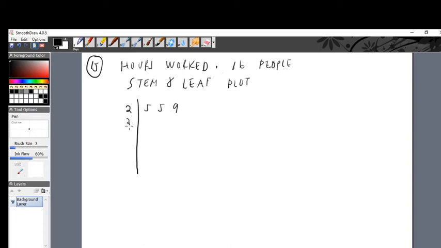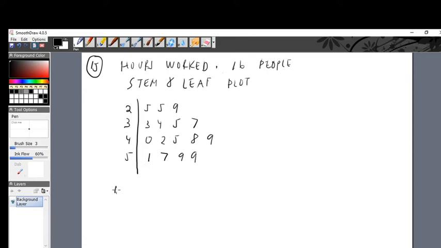Then comes a 3, and then there's a 3, and a 4, and a 5, and a 7. Then there's a 4, and next to that is a 0, and a 2, a 5, an 8, and a 9. And finally there's a 5. Next door is a 1, a 7, a 9, and a 9.